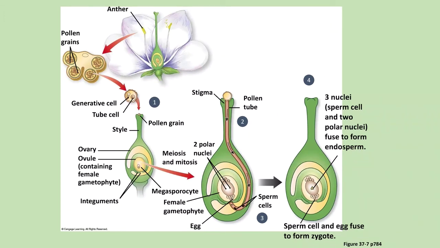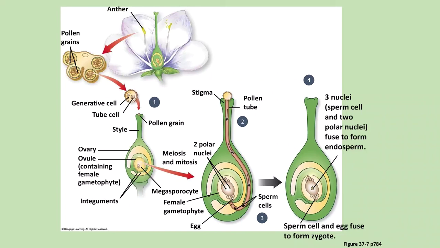The pollen grain sticks to the stigma, and as we look at number 2, you get a little close-up view. One of the cells in the pollen begins to secrete enzymes that digest the tissues down the style, creating a tube.